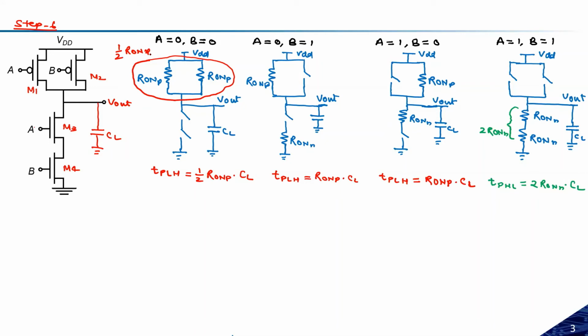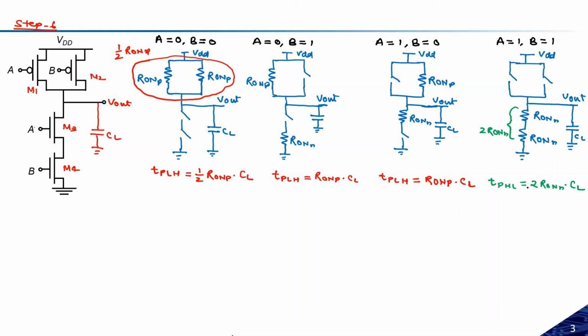Regarding the worst case delay, TPHL has only one component, but TPLH has 3 components.